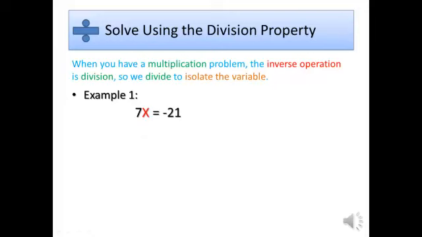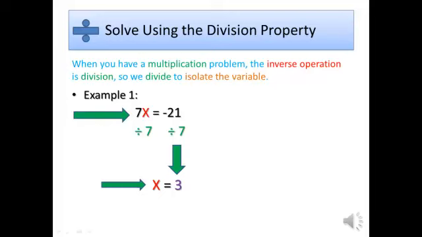When looking at 7x, you have to remember when a letter and a number are next to each other, it means multiply. So in this problem, we know we're going to use the opposite, which is division. So we are going to divide 7 to both sides. 7x, x is our variable. We divide by 7. Negative 21 divided by 7 is negative 3. So our answer is x equals negative 3.